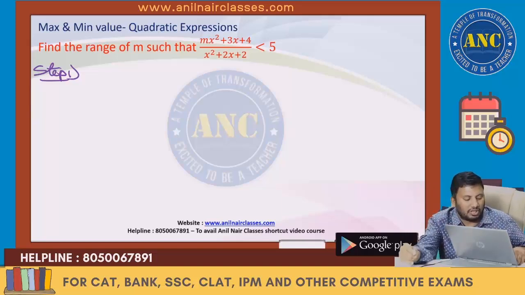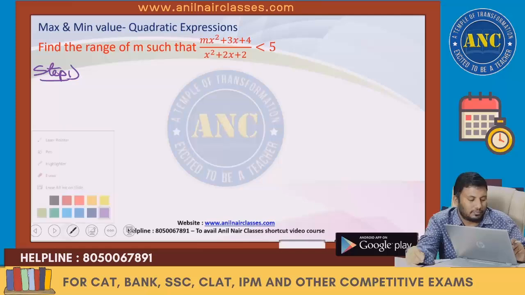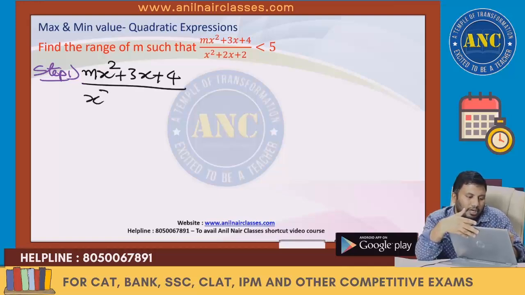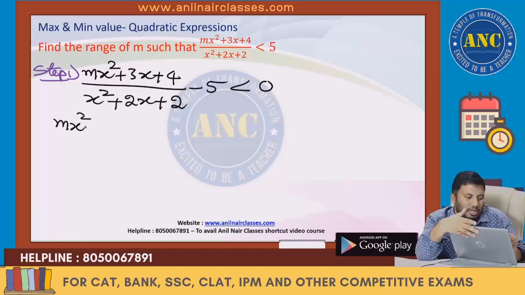This is nothing but mx square plus 3x plus 4, divided by x square plus 2x plus 2, minus 5 is less than 0. Somebody asked how it became 7x.